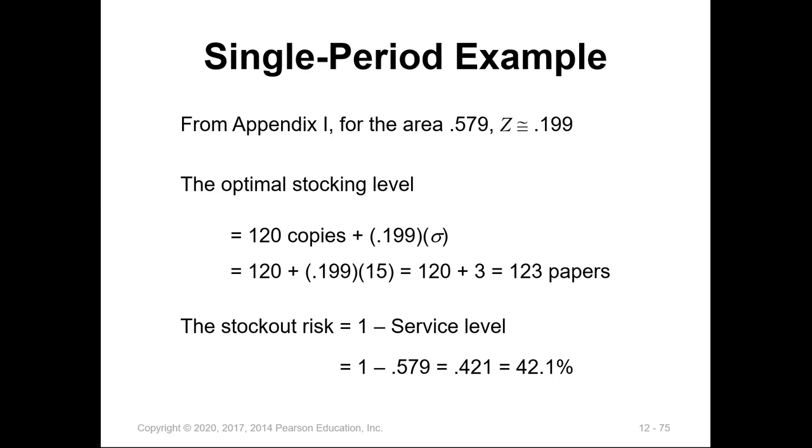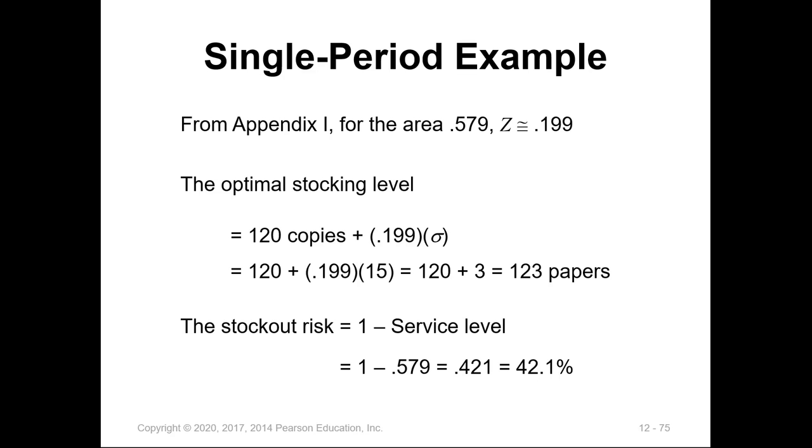From appendix I, for the area of 0.579, Z will equal 0.199. The optimal stocking level will equal 120 copies plus 0.199 multiplied by sigma, which is 120 plus 0.199 multiplied by 15, and that is equal to 123 papers.